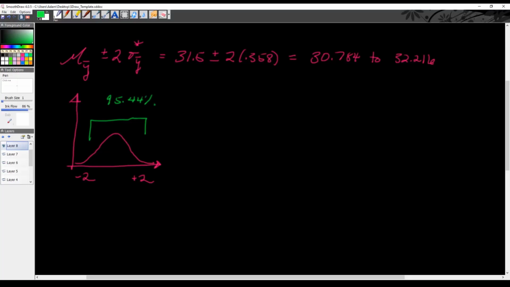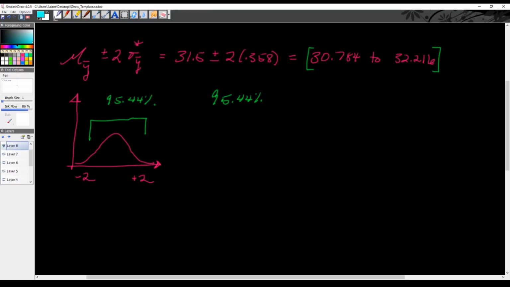I could look at a z-table to find this information out. I just used Stata. So what's the result? Thus, 95.44% of all possible sample means lie in the interval 30.784 to 32.216. So 95% of all possible sample means lie in that interval.